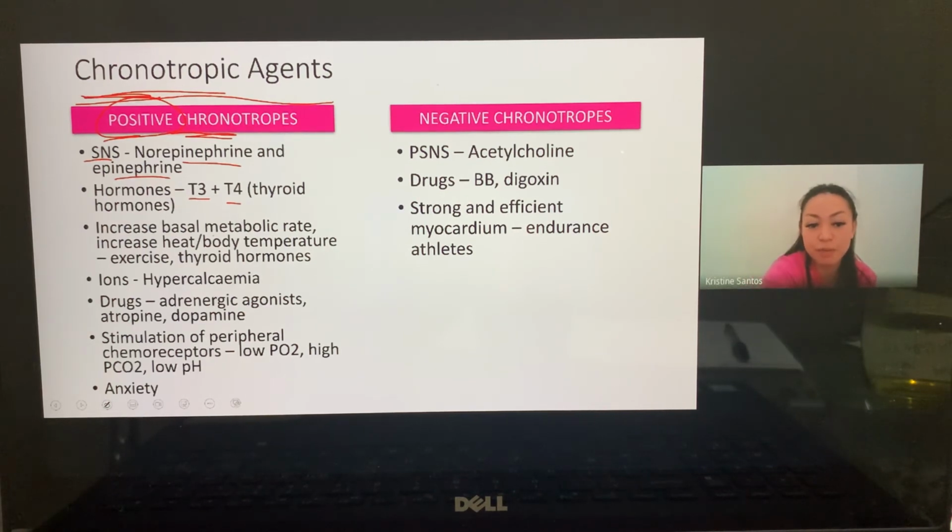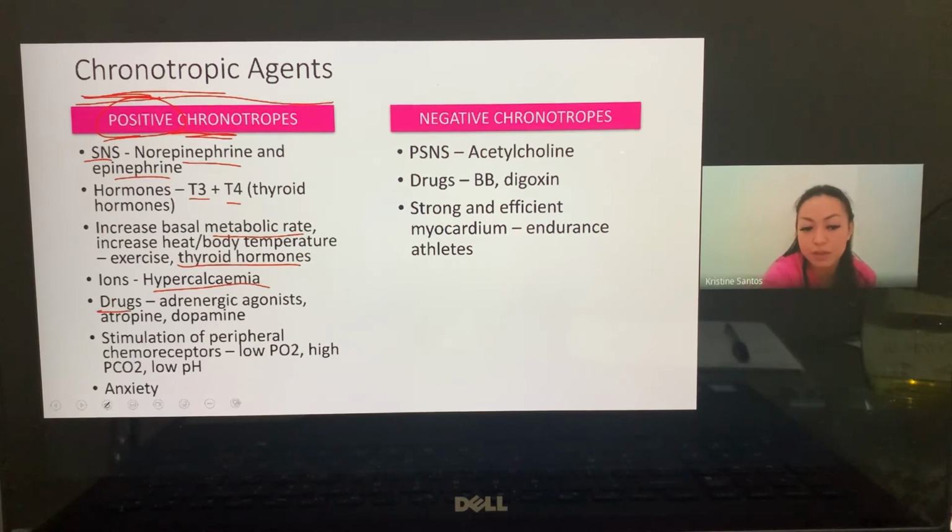If you increase your basal metabolic rate, so if you're exercising, if you have a fever, or if you have excess thyroid hormones in hyperthyroidism, then you're going to increase your heart rate. If you have hypercalcemia, that increase in calcium inside the myocardial cells is going to make it contract faster, so it's going to increase heart rate.